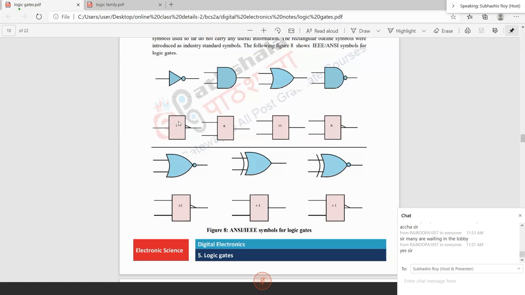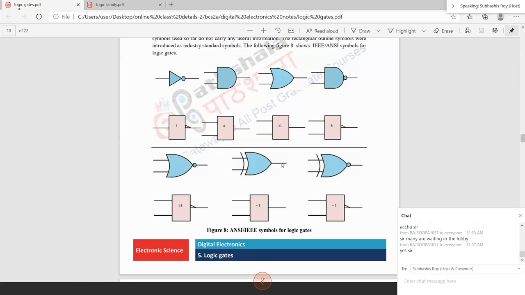If I talk about the inverter, this is the inverter block, a rectangular block with 1 inside. The symbol & means AND gate. Greater than or equal to 1 means OR gate. NAND gate means AND, and then there is the inverter sign.